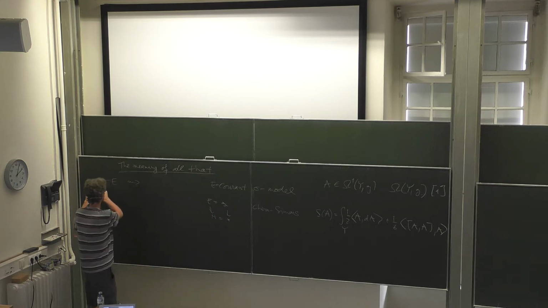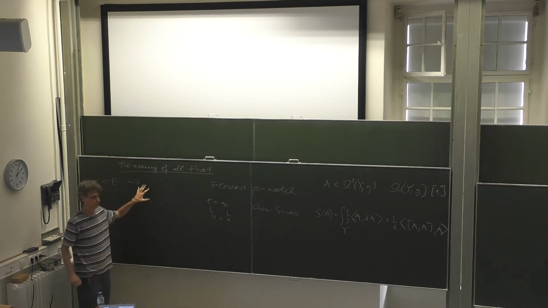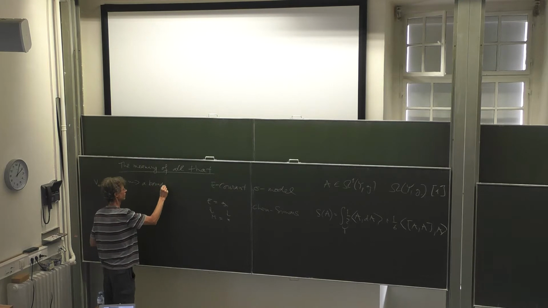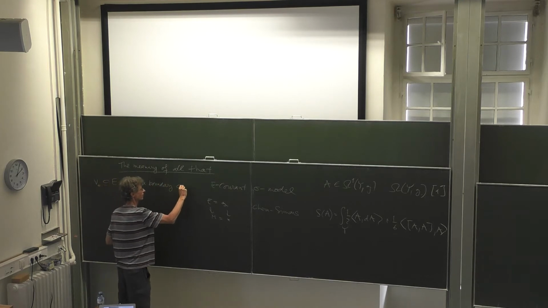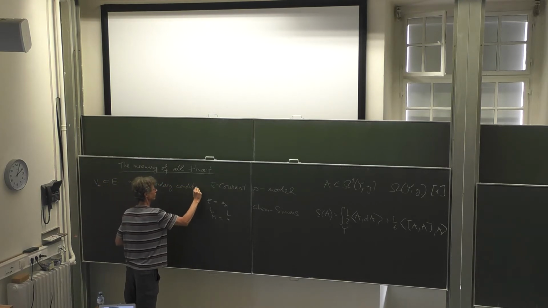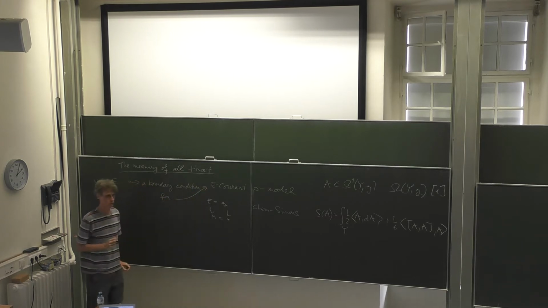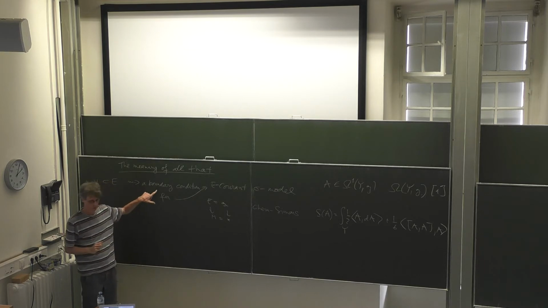And what does V plus do for us? It gives us a boundary condition for this topological thing. And the interesting thing about this is that this boundary condition is not topological.